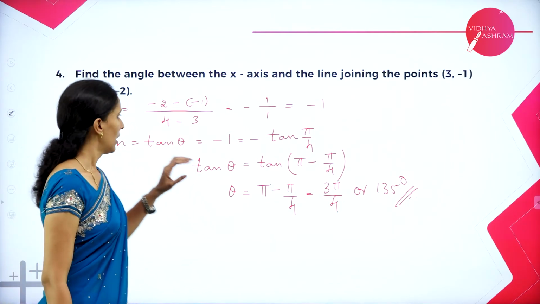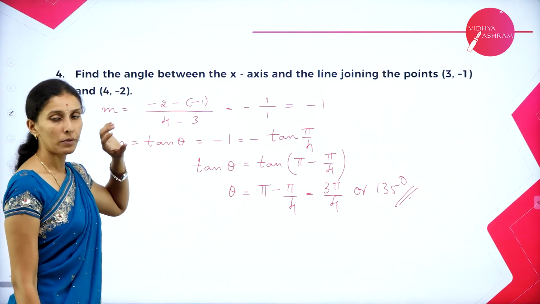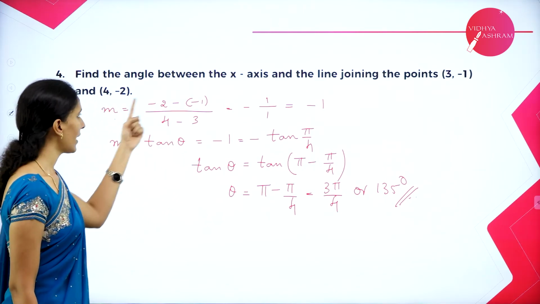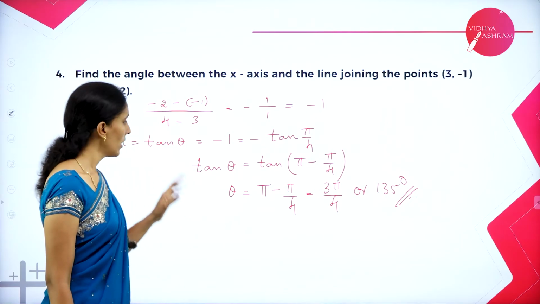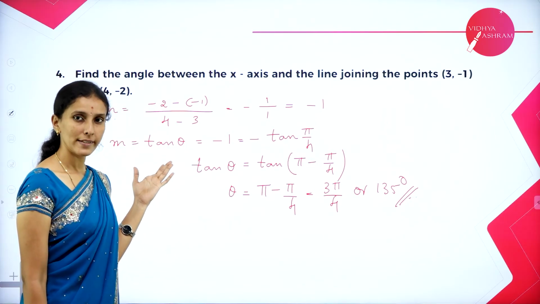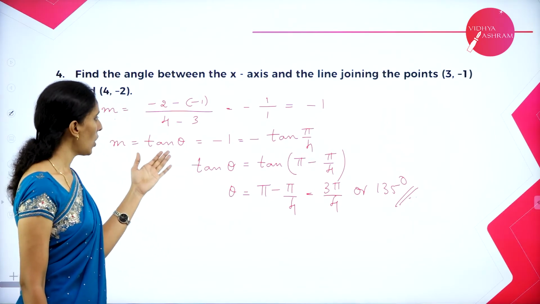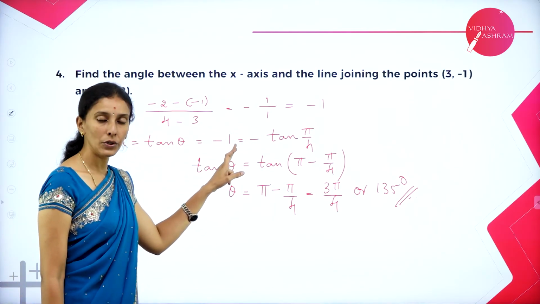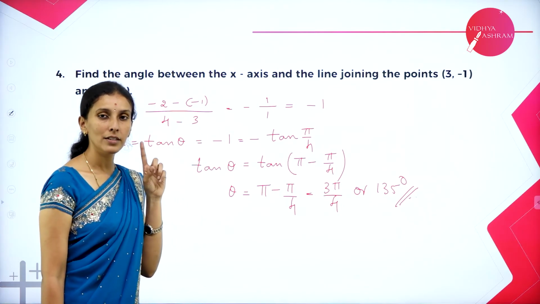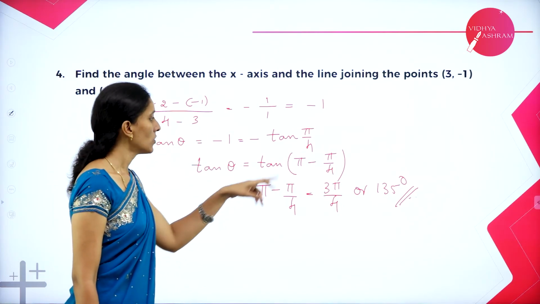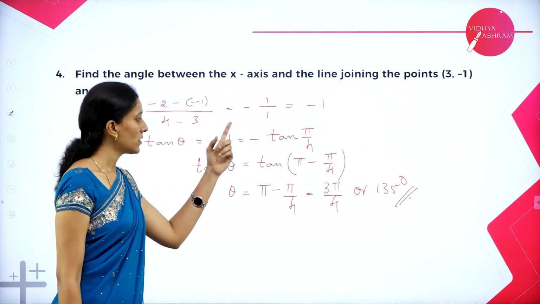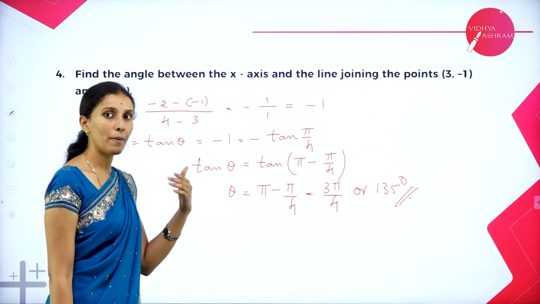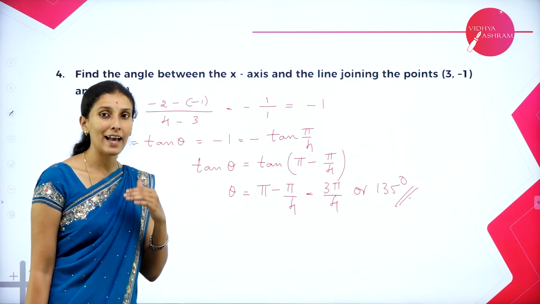So here, the concept of the slope, that is (y2 minus y1) by (x2 minus x1), is used to calculate tan theta. First, we find the m value, which we get as minus 1. We equate it to tan theta, which is the same as the slope itself. Now, minus 1 we can write as minus, for which value is the tan function 1? It is pi by 4, tan pi by 4. Minus tan theta can be written as tan of (pi minus x), because in the second quadrant tan is negative.